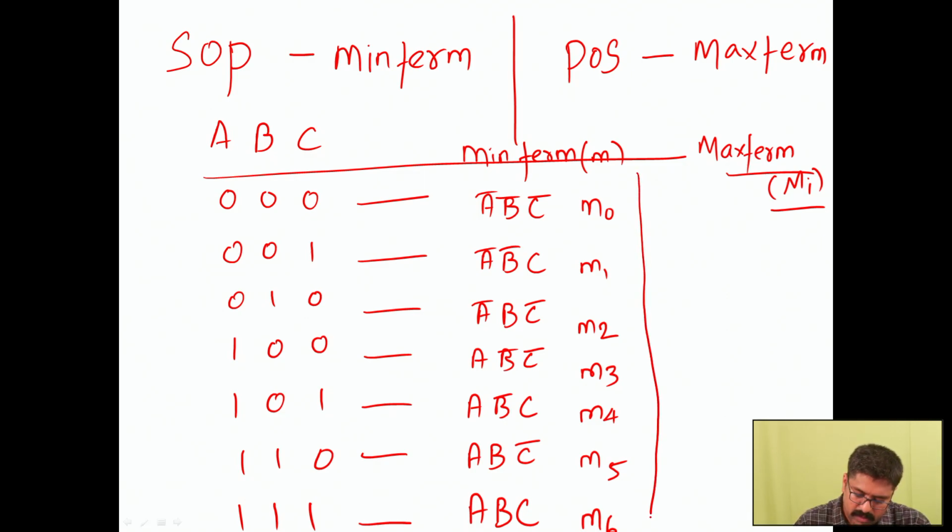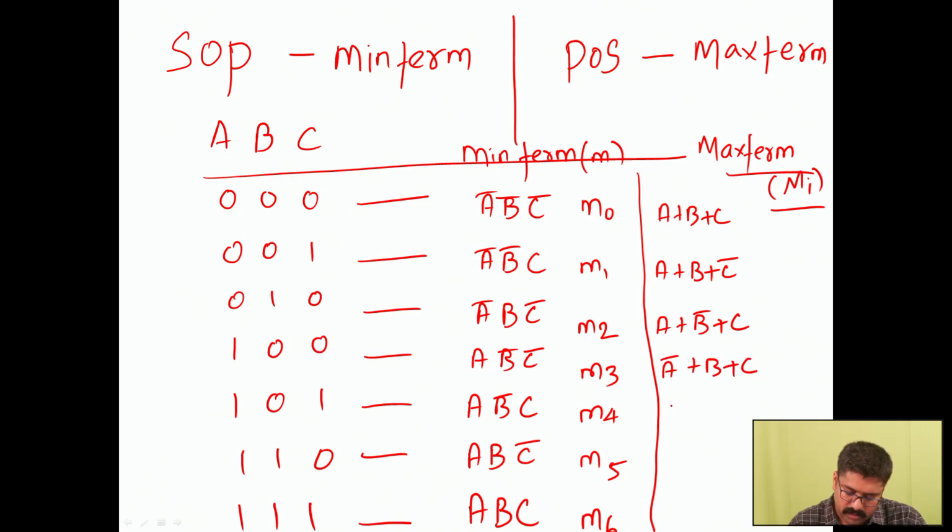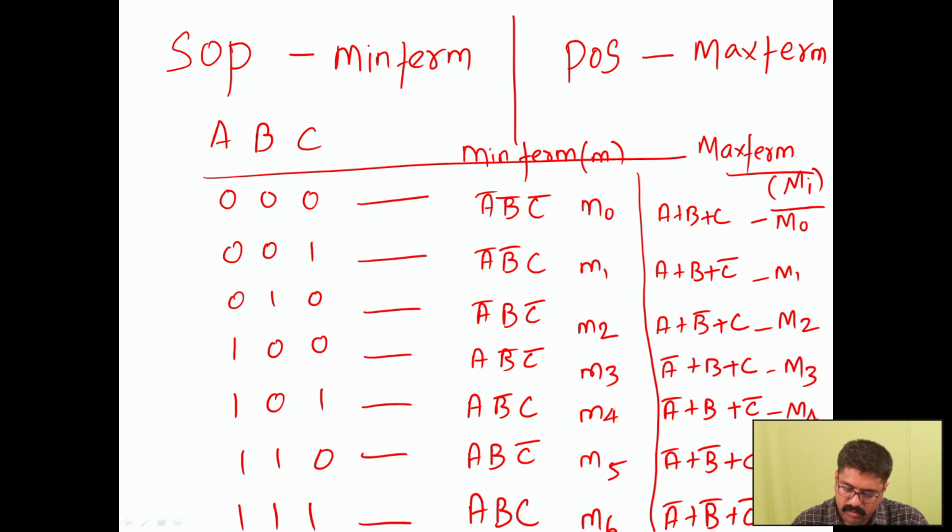Okay, what about the max term? Opposite. The min terms are represented by m0, m1, m2, m3, m4, m5, m6, m7, and the max terms by capital M0 to M7. Okay, fine.